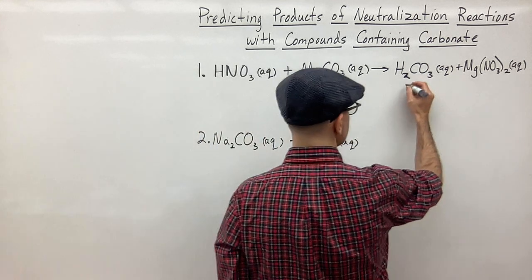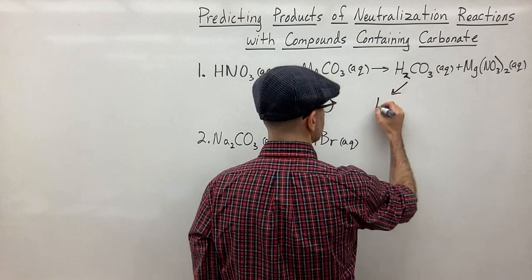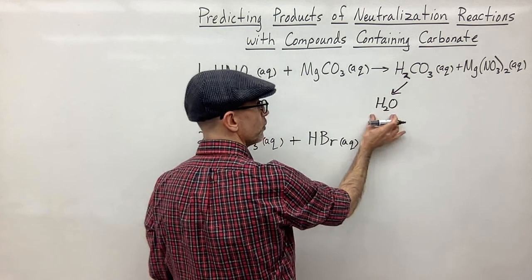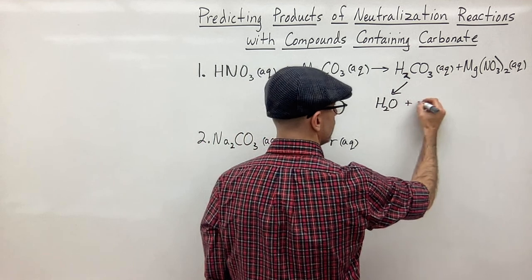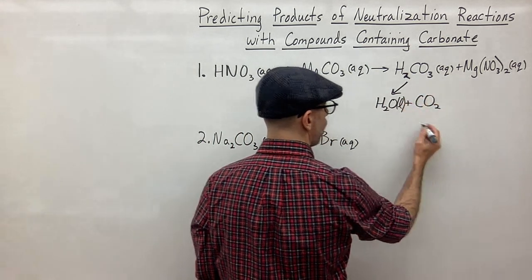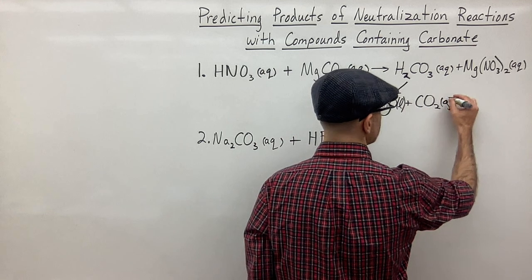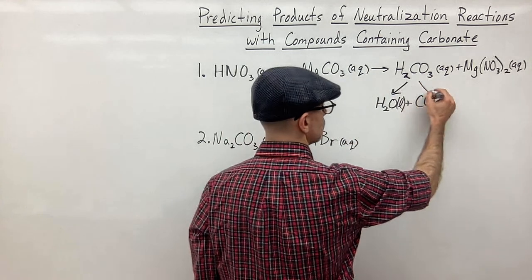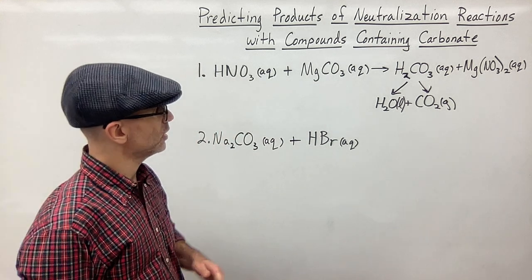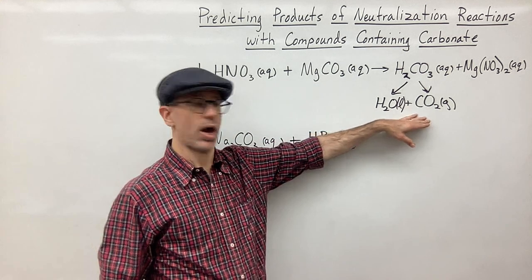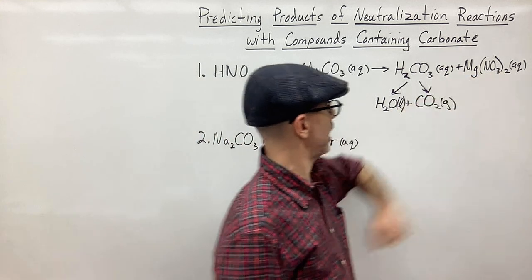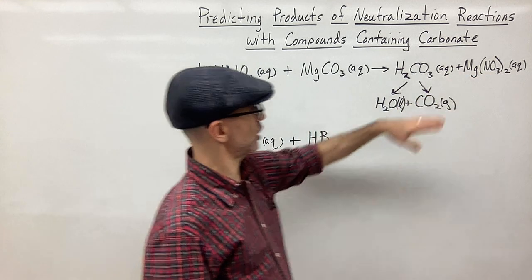This carbonic acid will break apart, dissociate and decompose into water and carbon dioxide. So this becomes water, and if you subtract out the water from the formula, what you're left with is CO2. So here we have liquid water and CO2 gas. Then you form three products: liquid water, carbon dioxide gas, and aqueous magnesium nitrate.